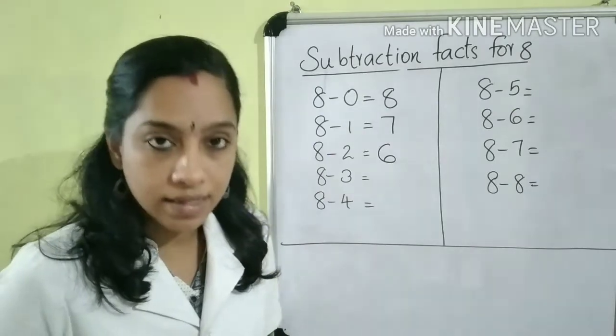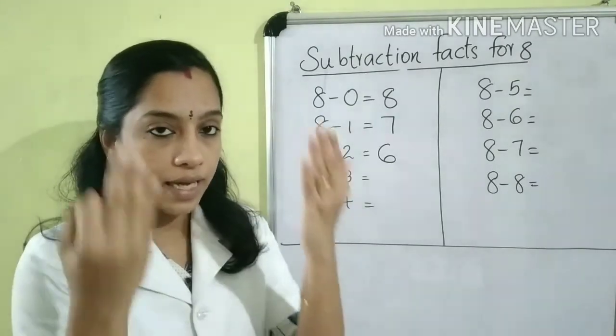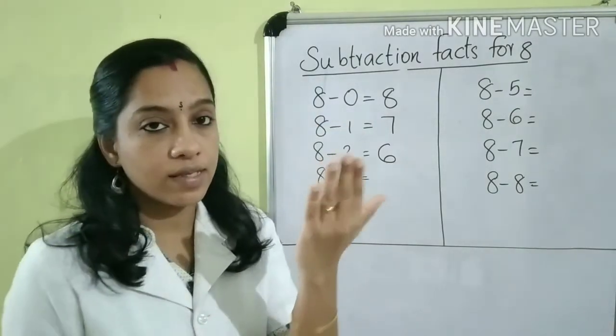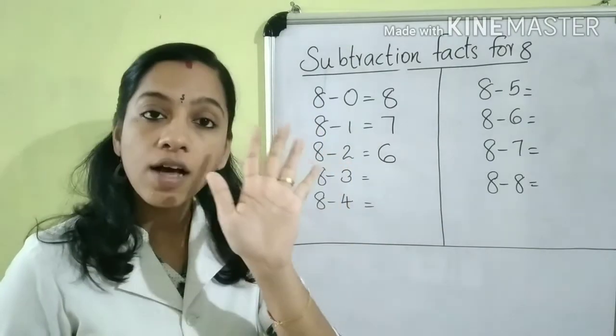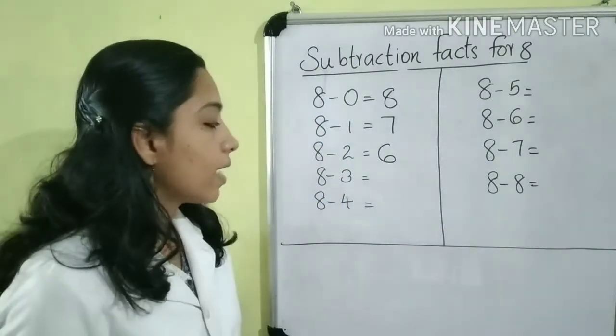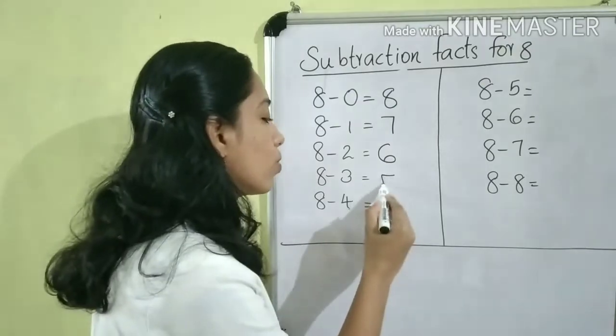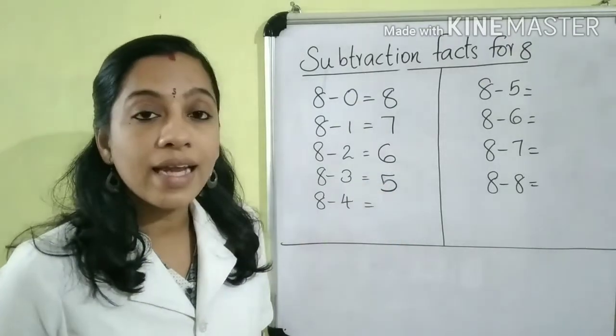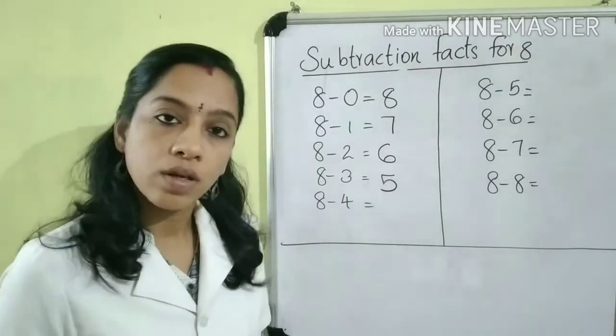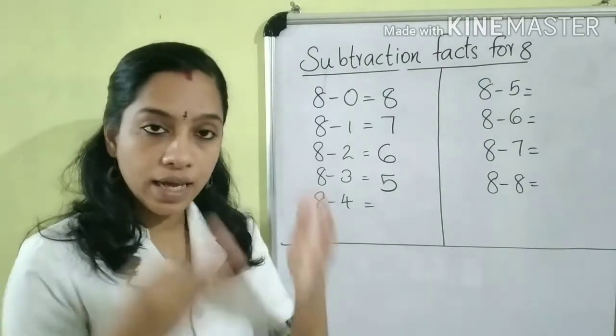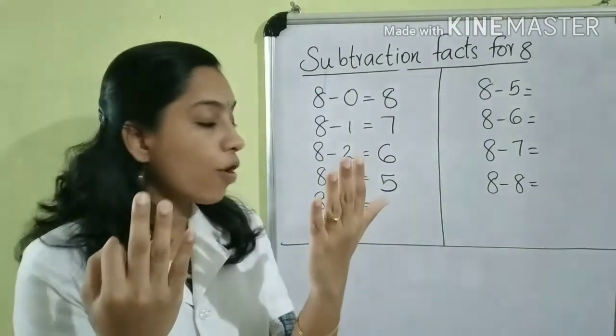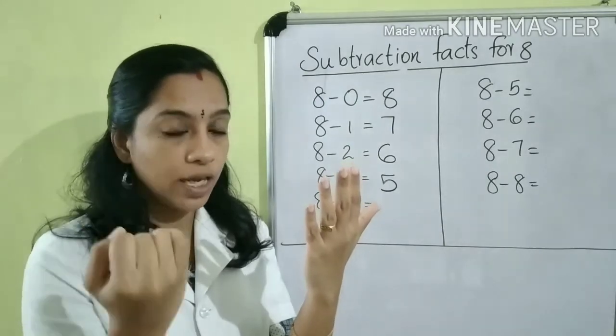Then 8 minus 3. Take 8 fingers, fold 3 fingers. How many fingers are left here? 5. That is 8 minus 3 is equal to 5. Then 8 minus 4. Again you can use your fingers. Take 8 fingers, fold 4 fingers. 1, 2, 3, 4.